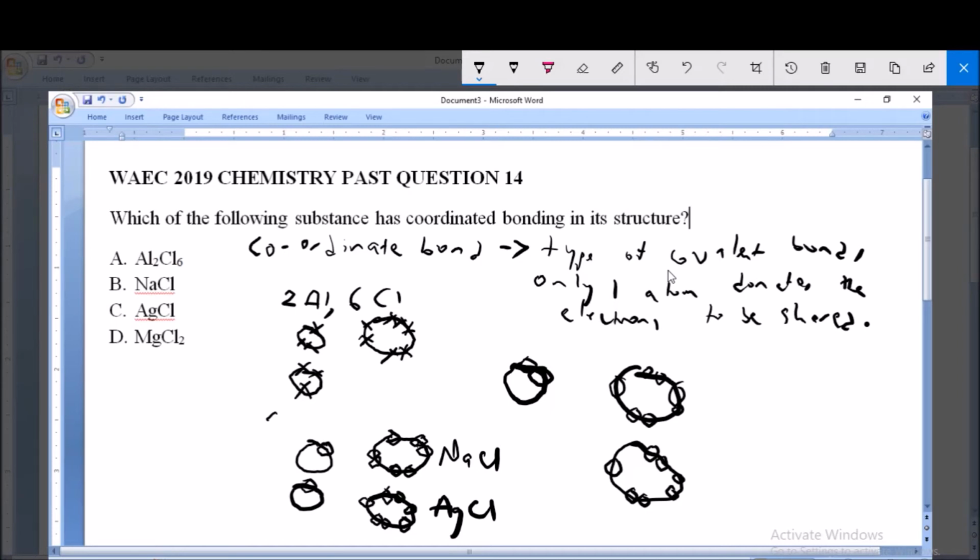Magnesium chloride will donate 2 of its valence electrons to the 2 chlorine atoms, so that is also an electrovalent bond. So all of these are electrovalent bonds.